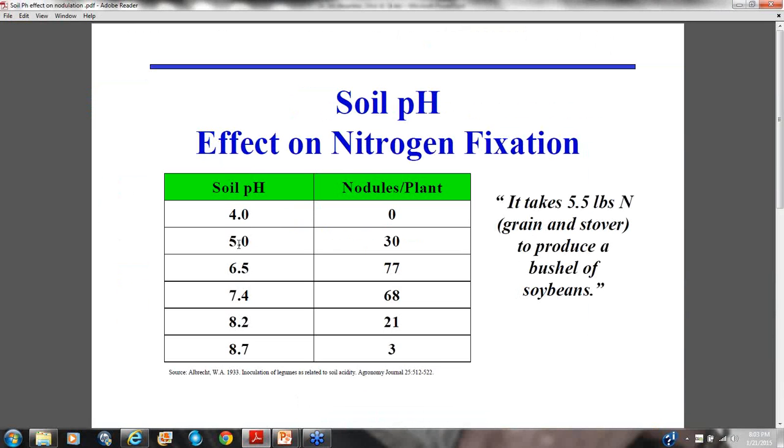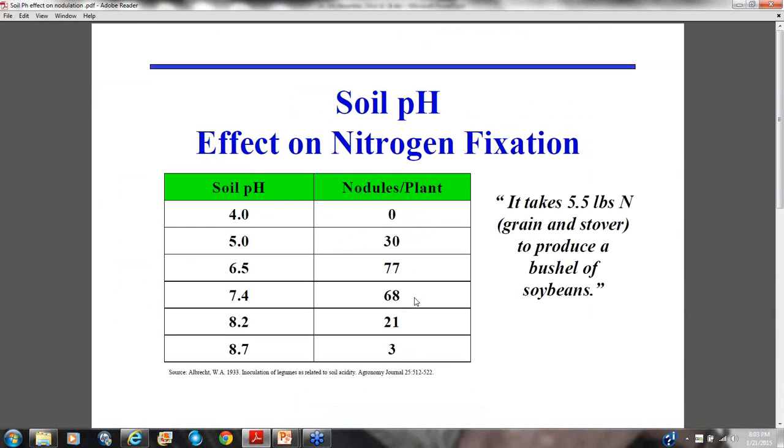And then when we get up above an 8.2 soil pH, our population of nodules on the plant starts to decline. So the high end and the low end of the soil pH are the 2 toxic sides that affect nitrogen fixation, or the nodulization on the soybeans. So ideally, we want between 6.5 and 7.4 for soil pH.